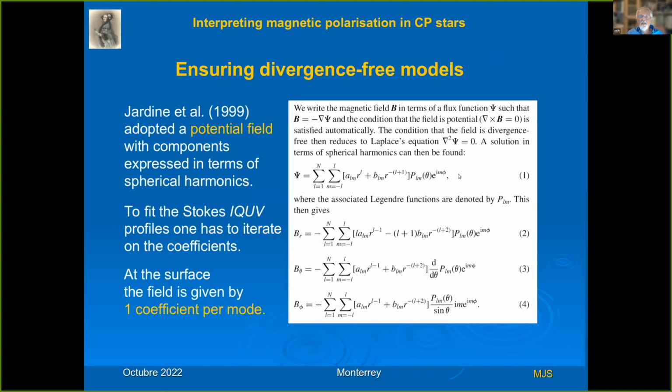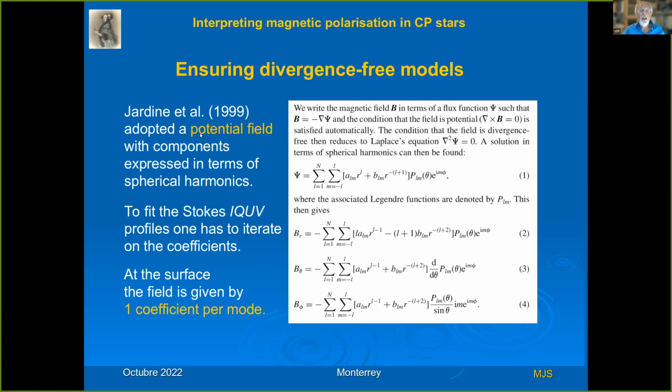That's absolutely necessary. So we had the problem with divergence-free models and with models that were not divergence-free. And how can you ensure that that divergence is always 0?